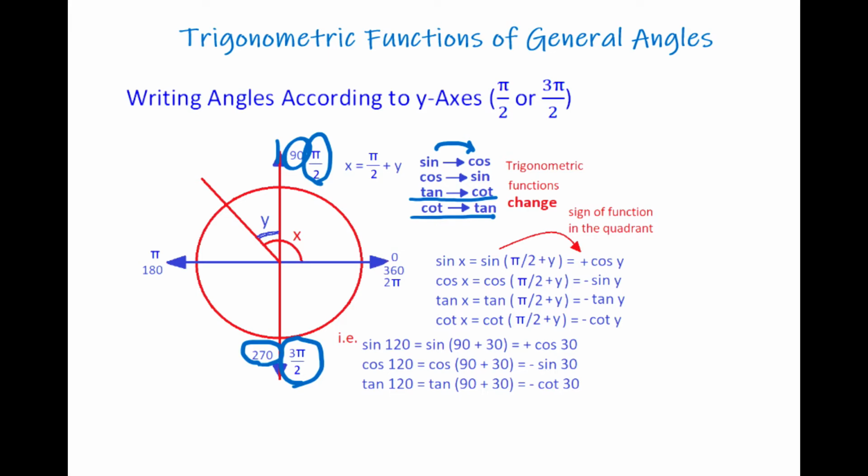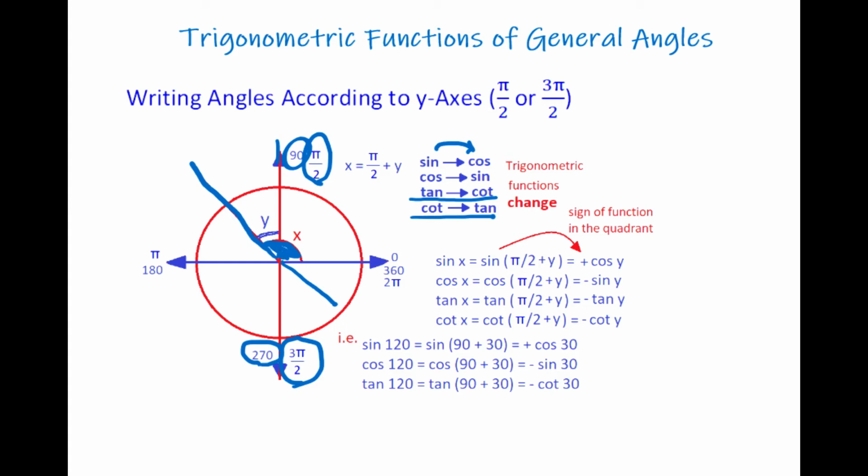And I just put here just one case, okay? If our angle is in the second region, then how can we write the angle by using the y-axis? We can just increase the number of cases, like if the angle is in the second region, if the angle is in the third region, and if the angle is in the fourth region. I just want to show you one case so that you can get the logic behind it. And for example, let's say again our angle is x here, which is in the second region.